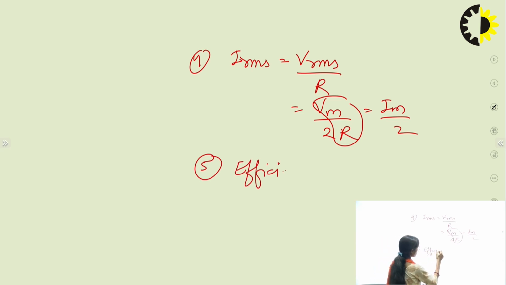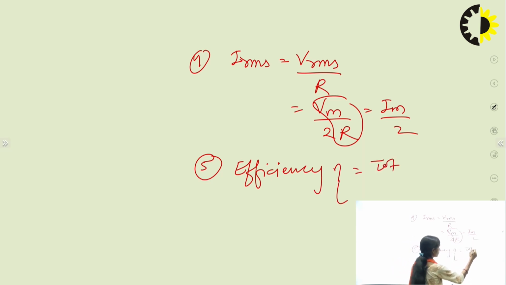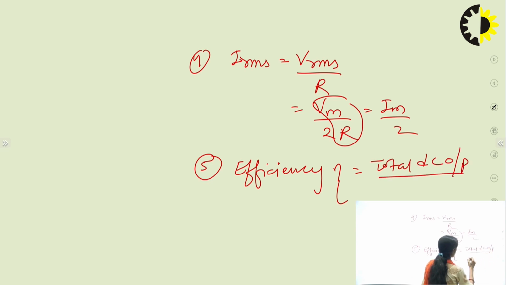After this, the fifth parameter is efficiency. Efficiency can be calculated as eta. It is the total DC output power obtained divided by the input AC power.